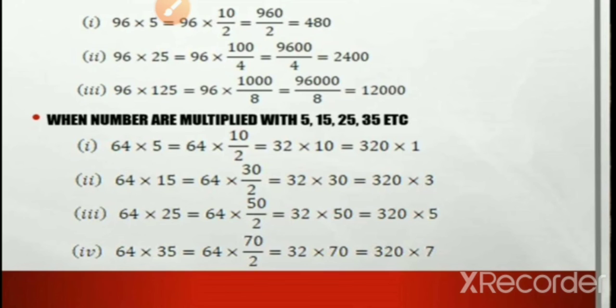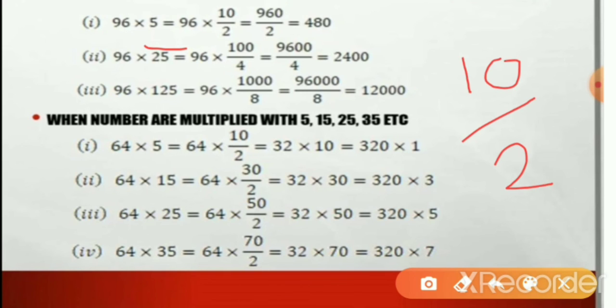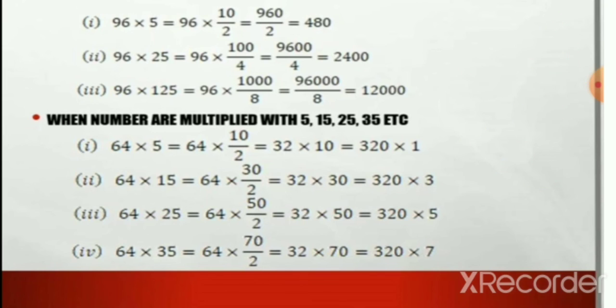So if we have to multiply 96 with 5, we can write 5 as 10 by 2. Why 10 by 2? Because if we divide it, 2 ones are 2 and 2 fives are 10. So ultimately we will get the 5 answer. So instead of writing 5, we can write 10 by 2.